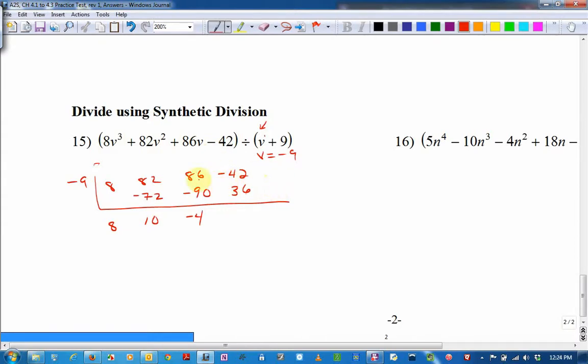So nothing's changed, except now when I get to this, I'm adding those together, and I've got a negative 42 and a positive 36. I'm going to get a negative 6 coming out. So expressing that, this would be my remainder, constant, x squared. So I have 8x squared plus 10x minus 4 plus a negative 6 all over v plus 9.